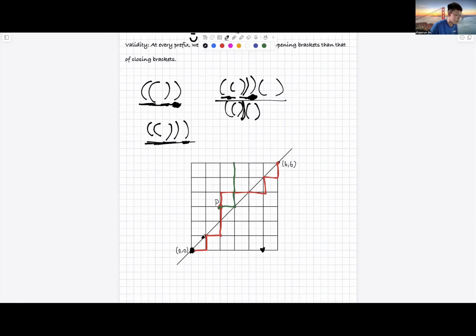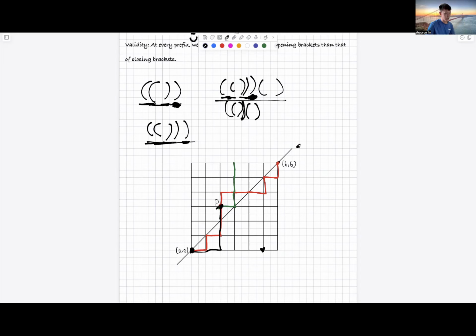For this configuration, we have right, up, up. So we reach here. It already crosses the line y equals x, so it's not a valid parenthesization.